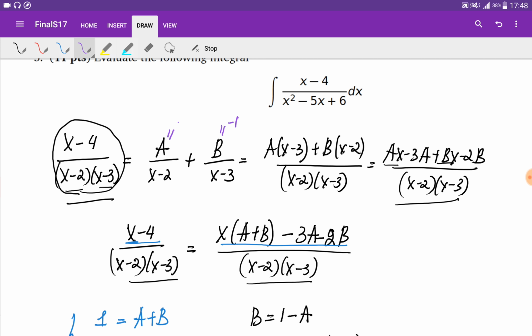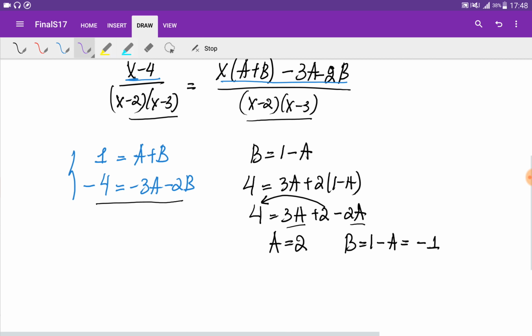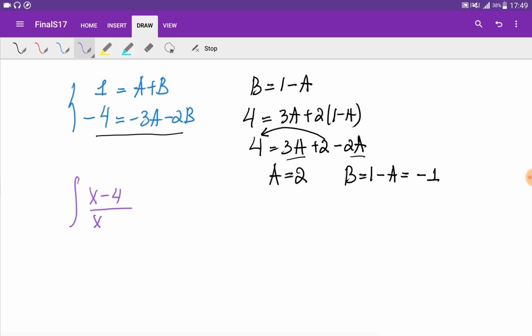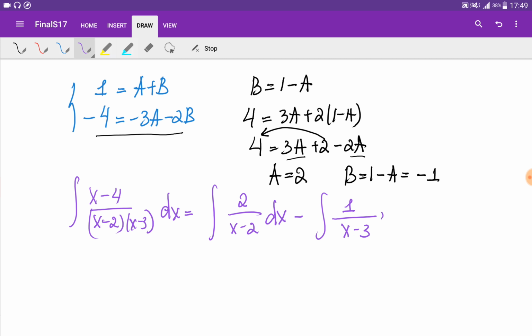The value of a is equal to 2. If I substitute 2 and minus 1 for a and b, if I sum the two rational functions here, this is going to give me exactly the initial one. So that is why the integration of x minus 4 divided by x minus 2 multiplied by x minus 3 dx can be written as the integration of 2 divided by x minus 2 dx minus 1 divided by x minus 3 dx, right?